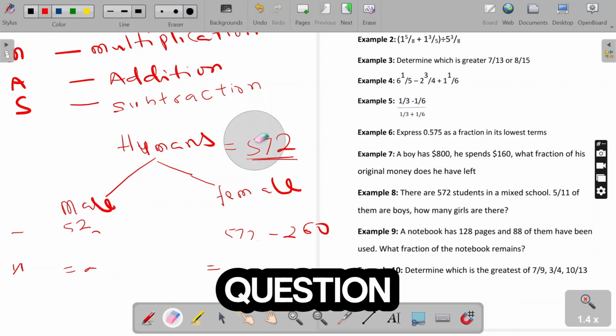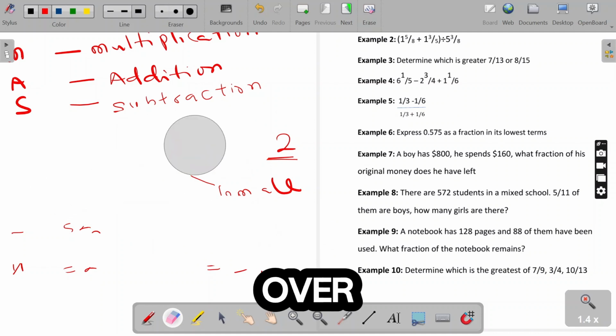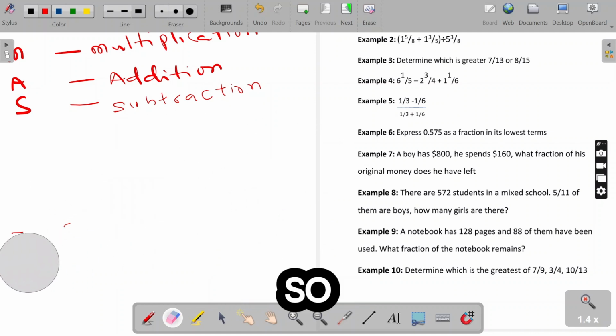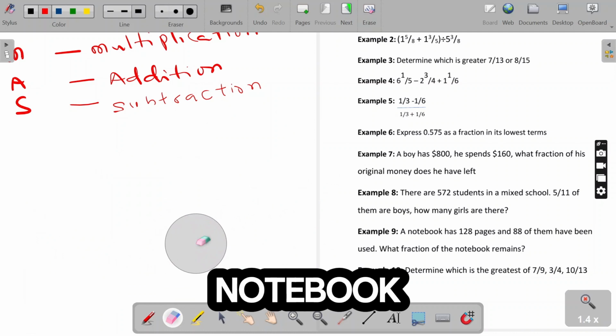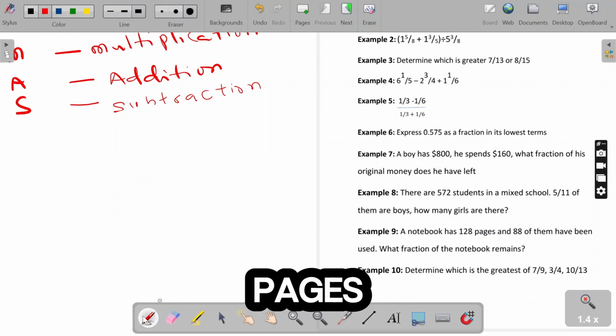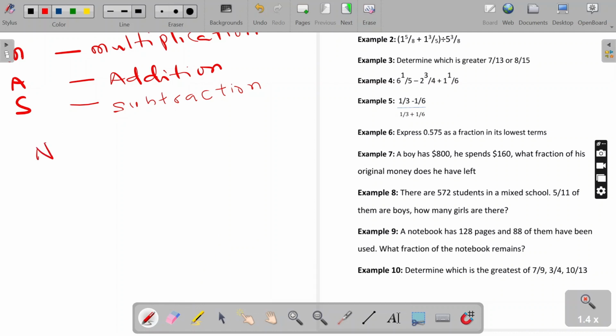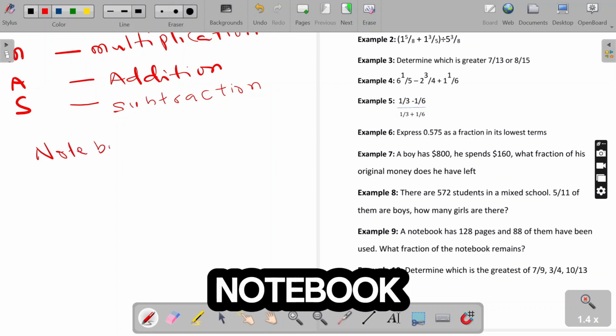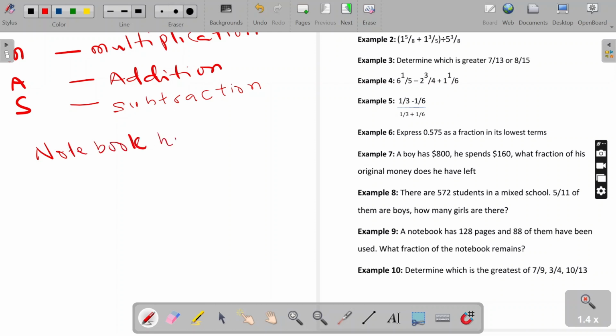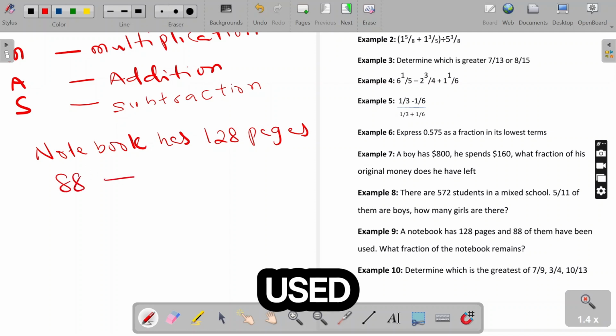So over to question 9 now. Question 9 said a notebook has 128 pages and 88 of them have been used. So we have a notebook that has 128 pages, then 88 used.